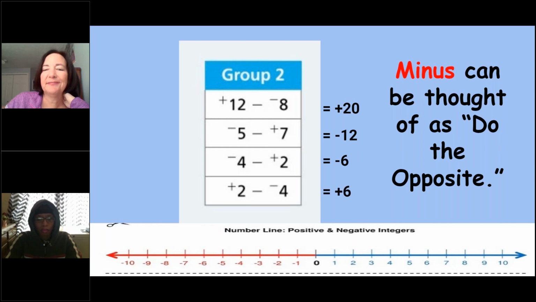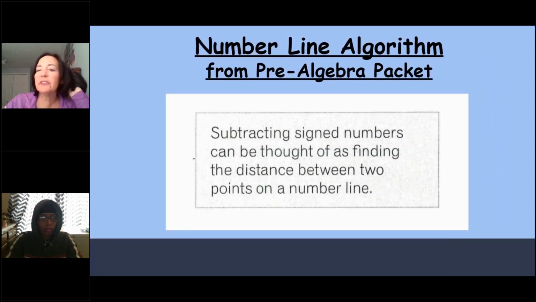Perfect. Nice. Oh, this was an algorithm that they had in the packet. And I like this algorithm. The problem is it's not going to tell you what the sign of the answer is.